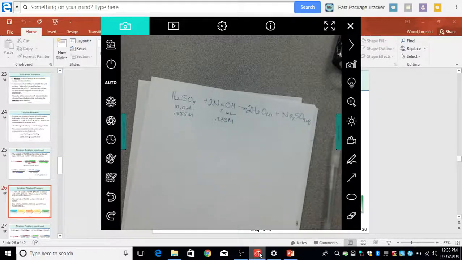Number 1, convert something to moles. Number 2, look at the balanced equation. Every single chemistry problem you do will have those at some point in the problem.